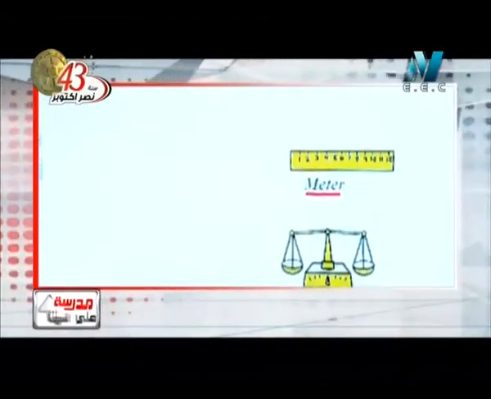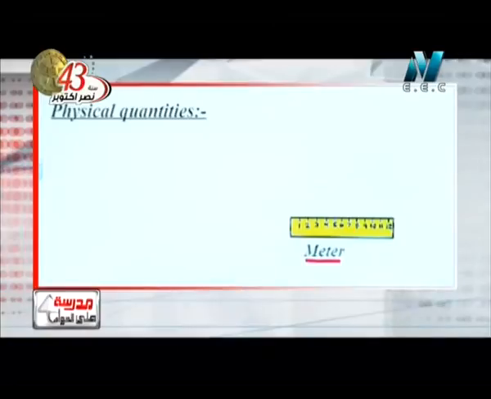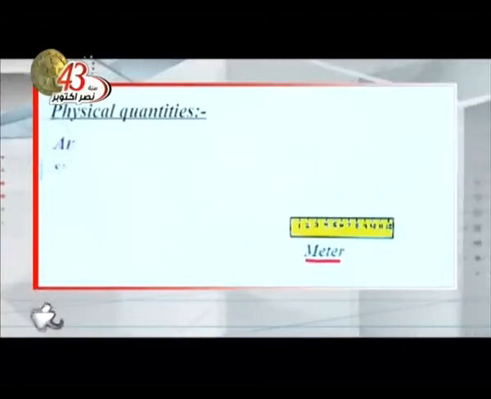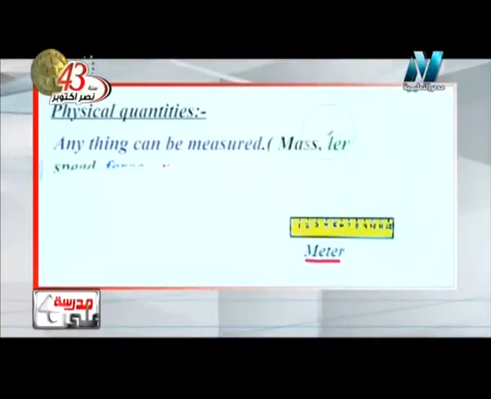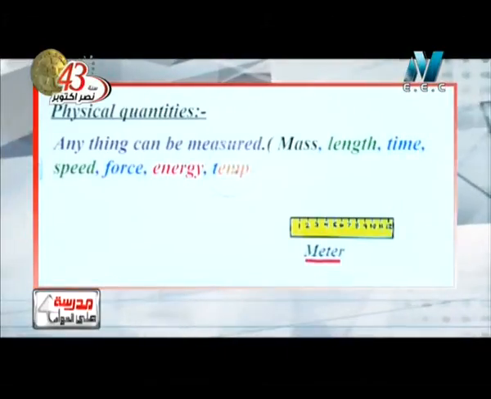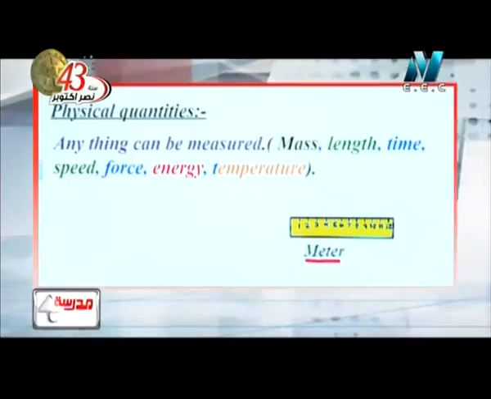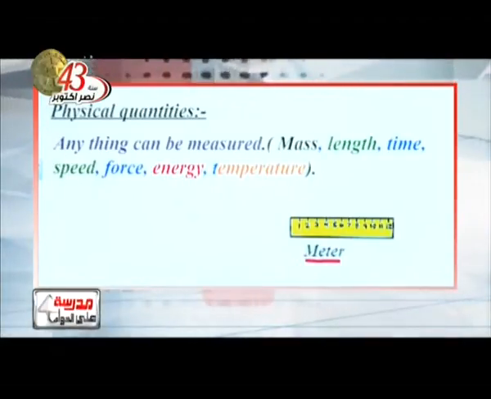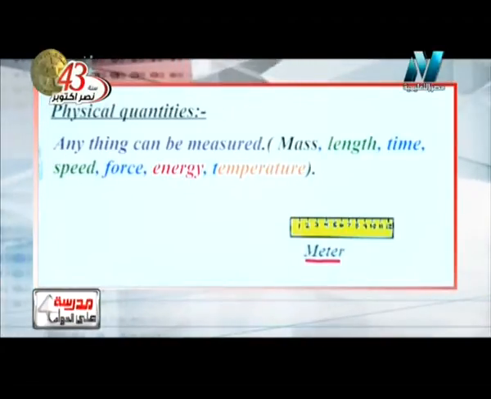So what is meant by physical quantity? Anything that can be measured, like mass, length, time, speed, force, energy, temperature, and so on. Anything that can be measured here is called physical quantities.